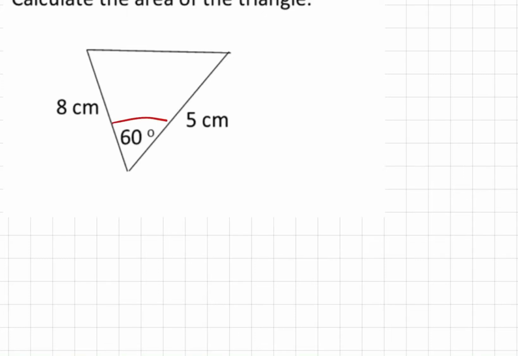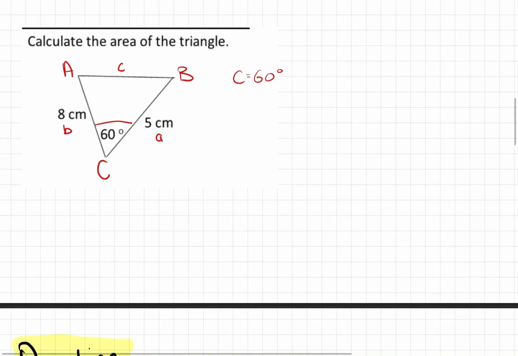So this one here, let's have a look at it. Well, that's going to be our angle C. So C equals 60 degrees, and I'll put that here. So this is going to be my little c here. Now which is A and which is B doesn't actually matter, so I'll call that side A, and that's angle A, and that's side B, and that's angle B. The area equals half multiplied by 5 multiplied by 8 multiplied by sine 60.